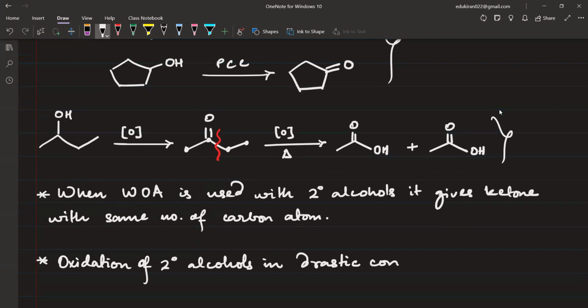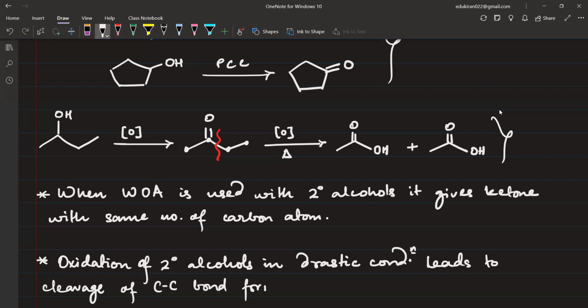In drastic condition, it leads to cleavage of CC bond, forming carboxylic acids with less number of carbon atoms.